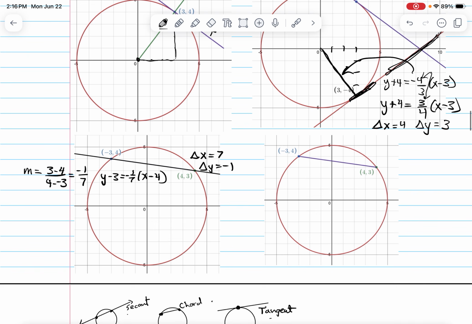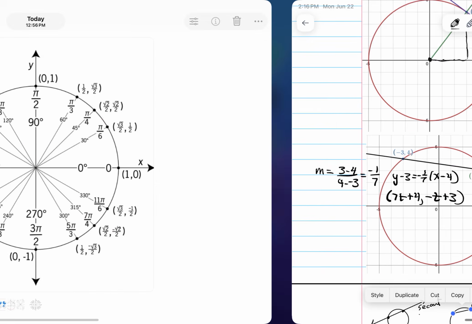Okay, and then you could do it. You could get a set of parametric equations: 7t plus 4 and negative t plus 3. Okay, and that's the equation for that. You could get this secant line, this chord over here, just by restricting the, whoops.